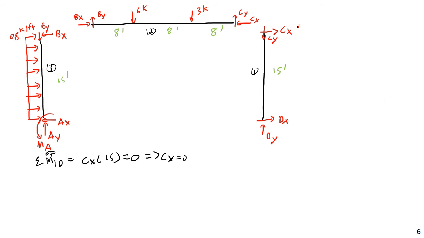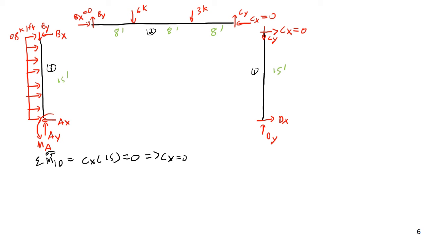So I know that Cx is equal to 0, which in turn, if I look at this beam here, what can that tell me about Bx? It's also 0, yes. Look here. There are only 2 horizontal forces acting on this beam, so if Cx is equal to 0, therefore Bx is equal to 0.